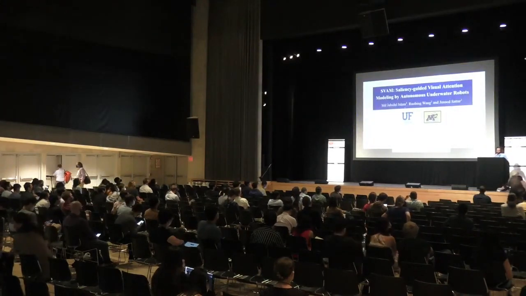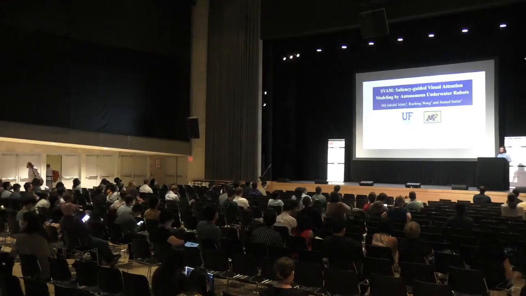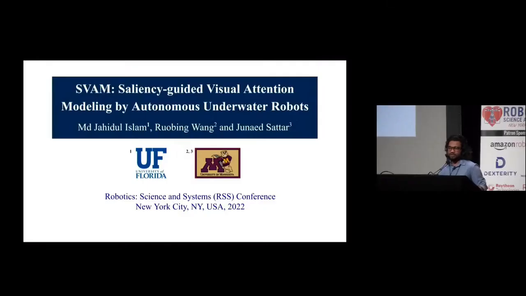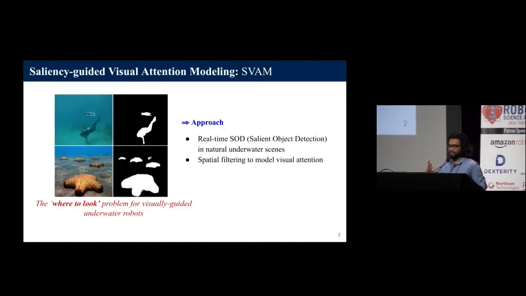Hello, everyone. Welcome to the presentation of our paper titled SVAM, which stands for Saliency-guided Visual Attention Modeling for Autonomous Underwater Robots. So the idea is to identify interesting objects and pixels in an image so that visually guided underwater robots can model their visual attention and make fast operational decisions, such as where to go, which samples to collect, and so on.